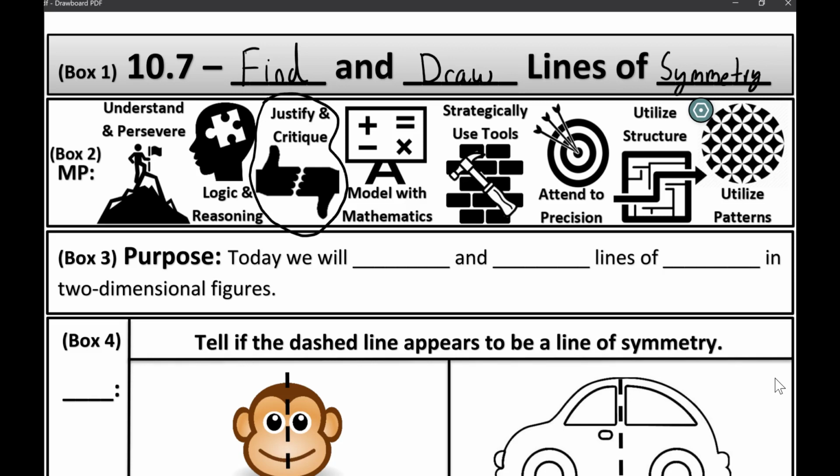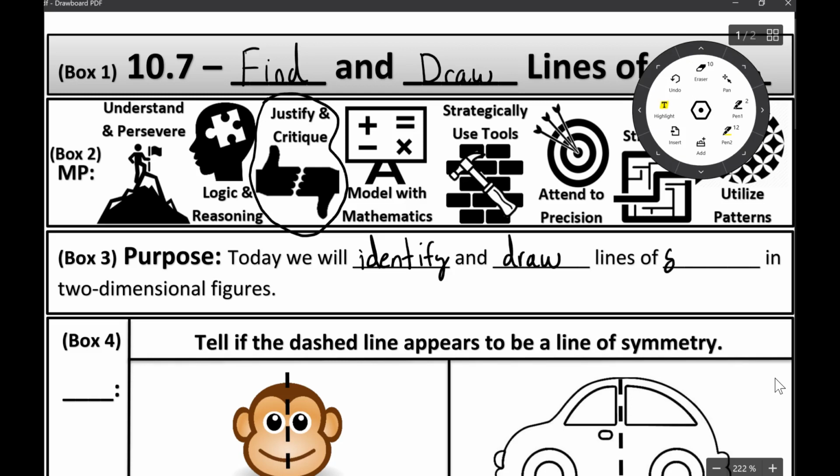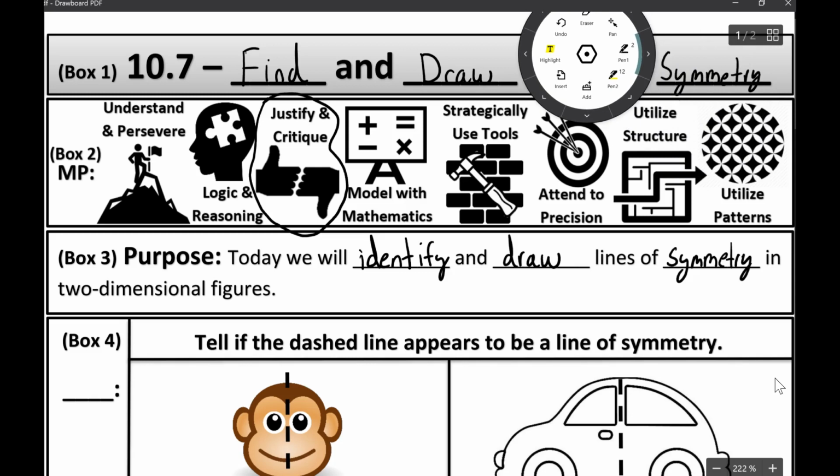Going into box 3, our purpose. Today we will identify and draw lines of symmetry in two-dimensional figures. And I'll give you some time to go ahead and write that down.